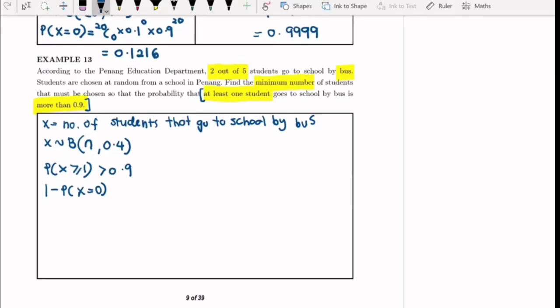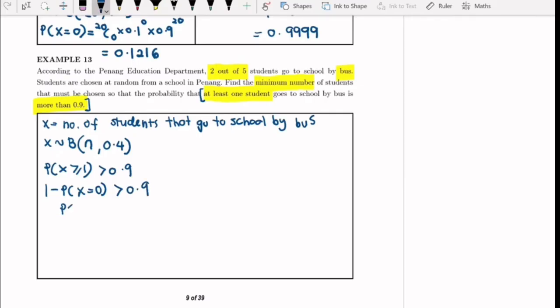So we change x greater than or equal to 1 to 1 minus x equals 0, because we want from 1 up until n. We don't want x equals 0. So 1 minus P(x equals 0) greater than 0.9.